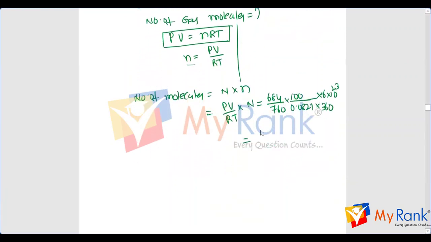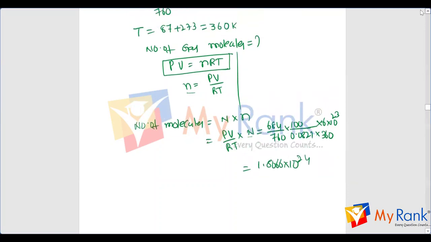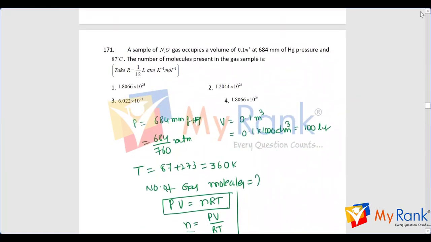Here, pressure is given, volume is given, n, Avogadro number, R is the universal gas constant, and the temperature is 360 Kelvin. If you simplify this, we get 1.8066 into 10 power 24. So your answer is 1.8066 into 10 power 24; these many N2O molecules are there in the given problem.